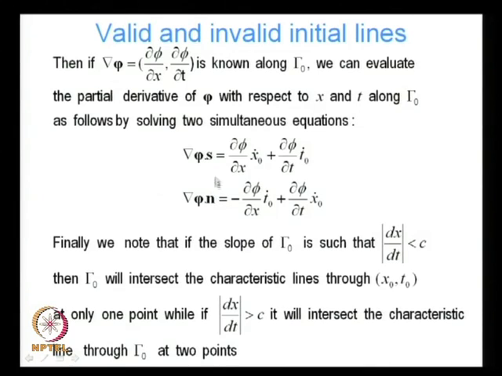If I know del phi del s and del phi del n, I can solve these two simultaneous equations for my partial derivatives, del phi del x and del phi del t. And I of course know x dot 0 and t dot 0 because I know the path as a function of s, the distance traveled along that path.